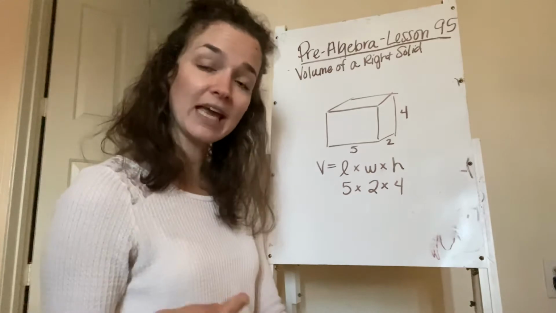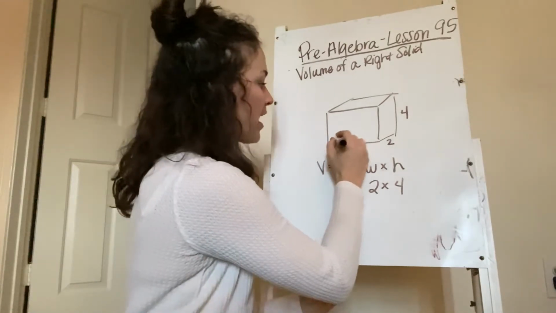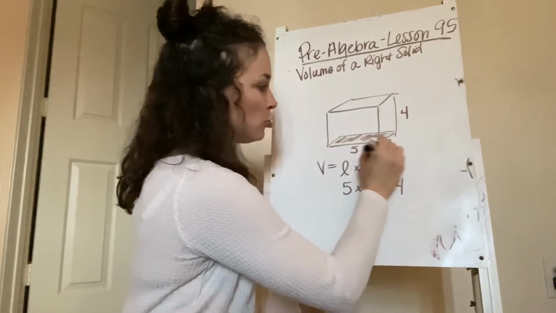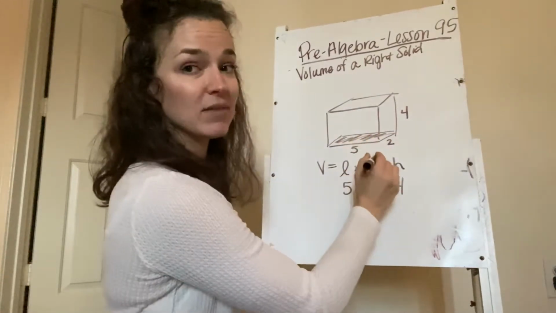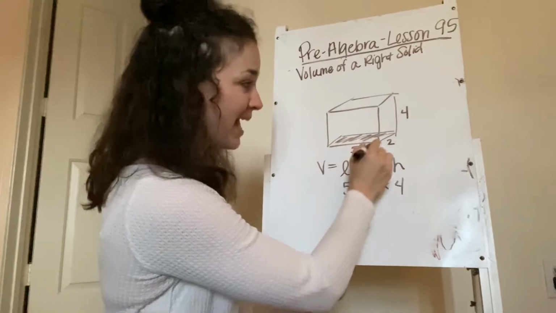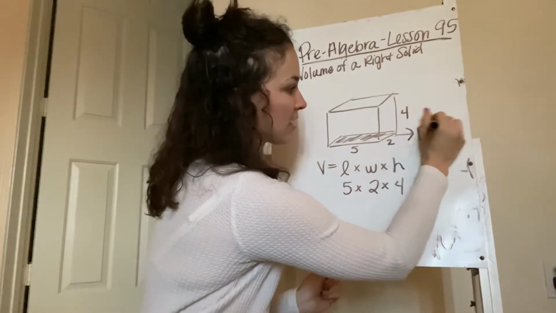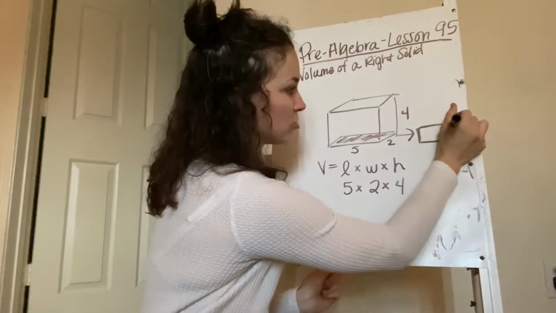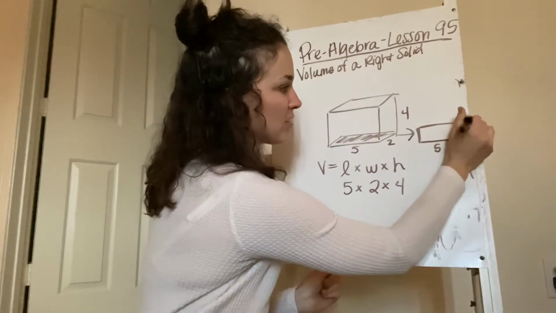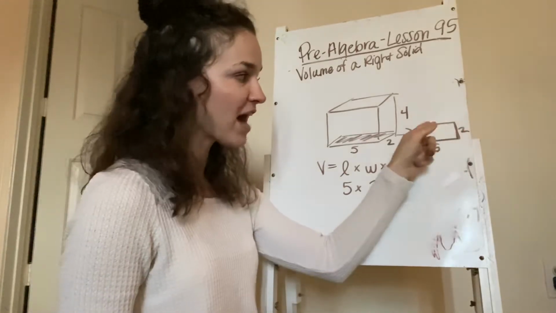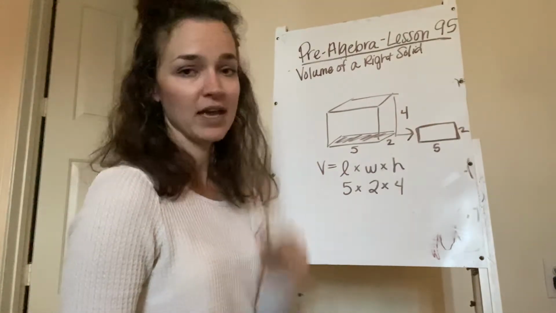Another way of looking at this would be saying, if I'm finding the 5 times 2 part, that's actually telling me the area of the base, which in this one happens to be a rectangle. If I come over here and just draw it out, the base is a rectangle. So I'm first finding the area of that base and then multiplying it by the height.